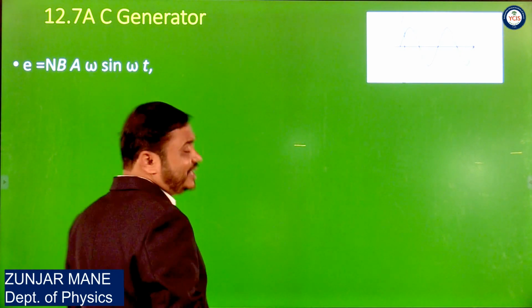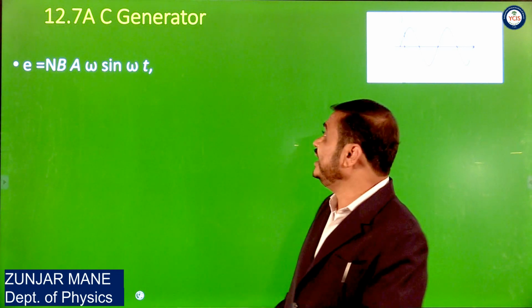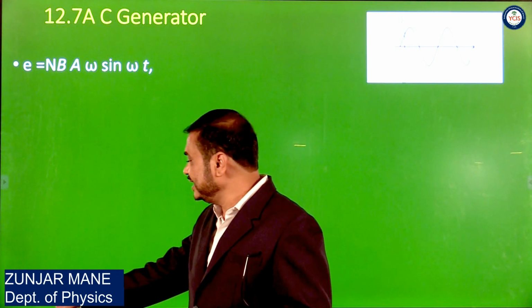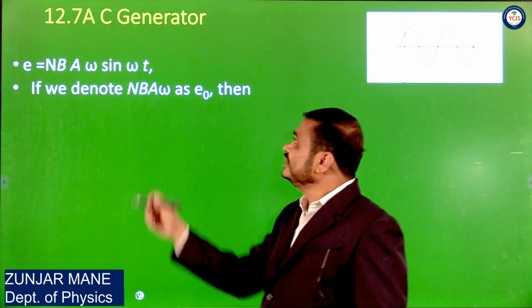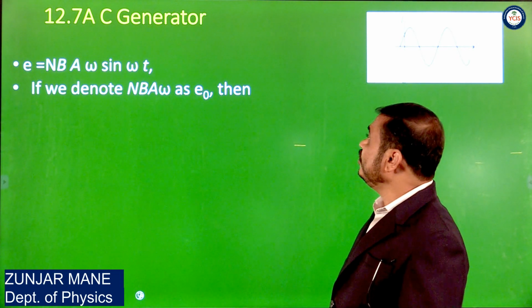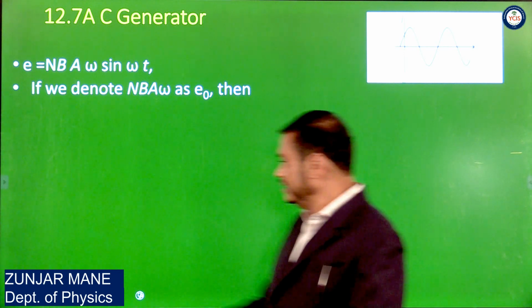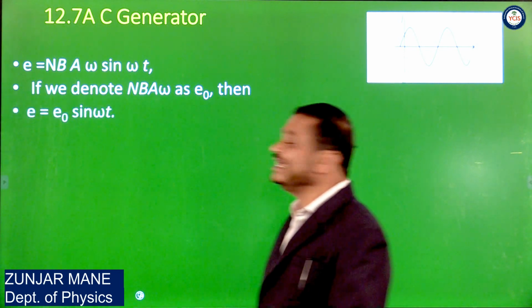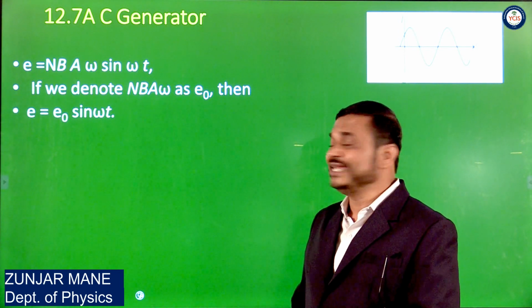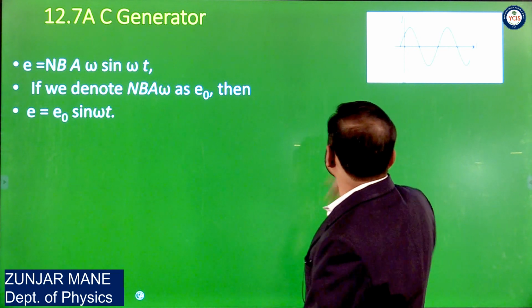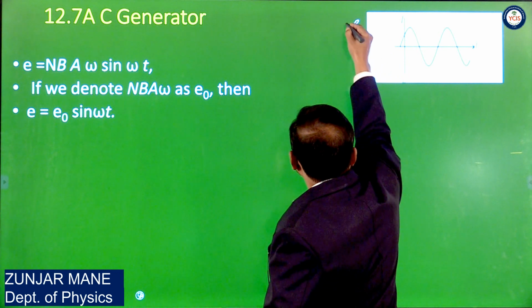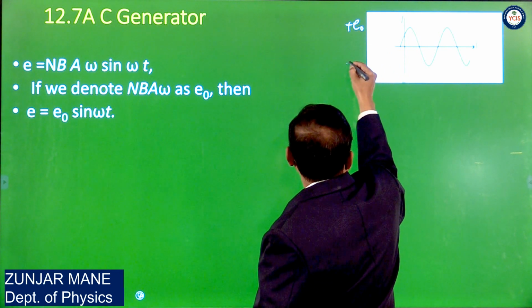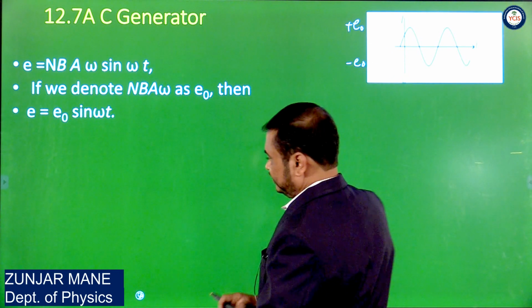We have the equation E equal to NAB omega sin omega t. If we denote NBA omega as E0, then we can write E equal to E0 sin omega t, where E0 is the peak value of that EMF. Suppose this is plus E0 and this is minus E0.